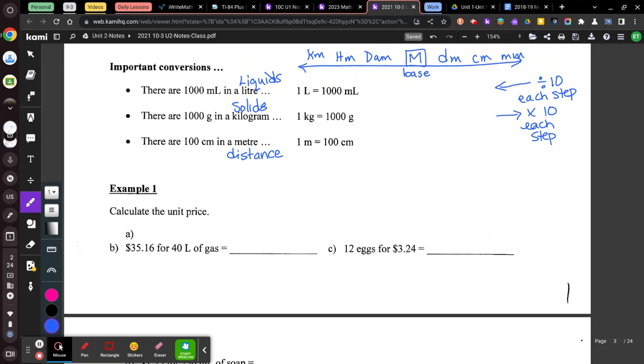So most of the food we buy is going to be in kilograms or grams. That's how most of our food is. And then our liquid foods, all the liquids in our freezers and stuff at the grocery stores, those are all going to be in liters or milliliters. So the biggest conversion we need to know is that 1 liter is equal to 1,000 milliliters.